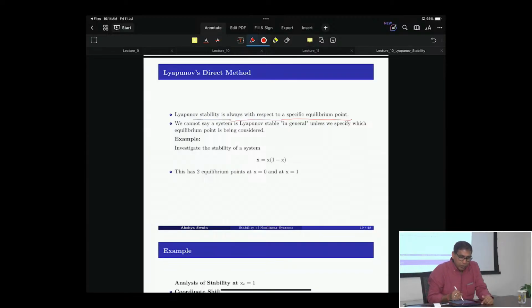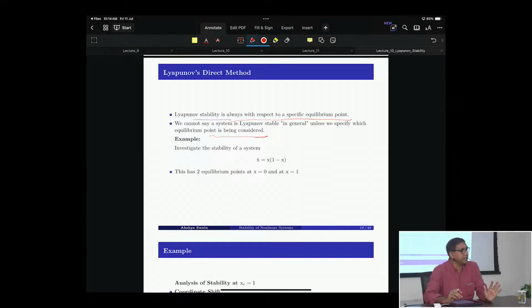Lyapunov stability is always with respect to a specific equilibrium point. So we cannot say a system is Lyapunov stable in general unless we specify which equilibrium point is being considered. Right? This is for you to know, but for the students, don't tell these things.